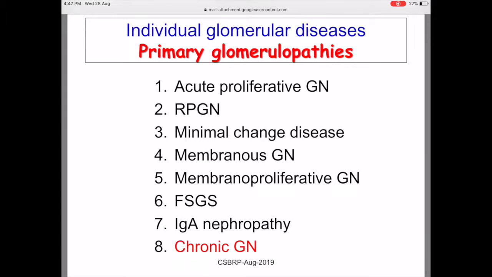The examples of primary glomerulopathies are acute proliferative glomerulonephritis, rapidly progressive glomerulonephritis, minimal change disease, membranous glomerulonephritis, membranoproliferative glomerulonephritis, focal segmental glomerulosclerosis, IgA nephropathy, and lastly the chronic glomerulonephritis.